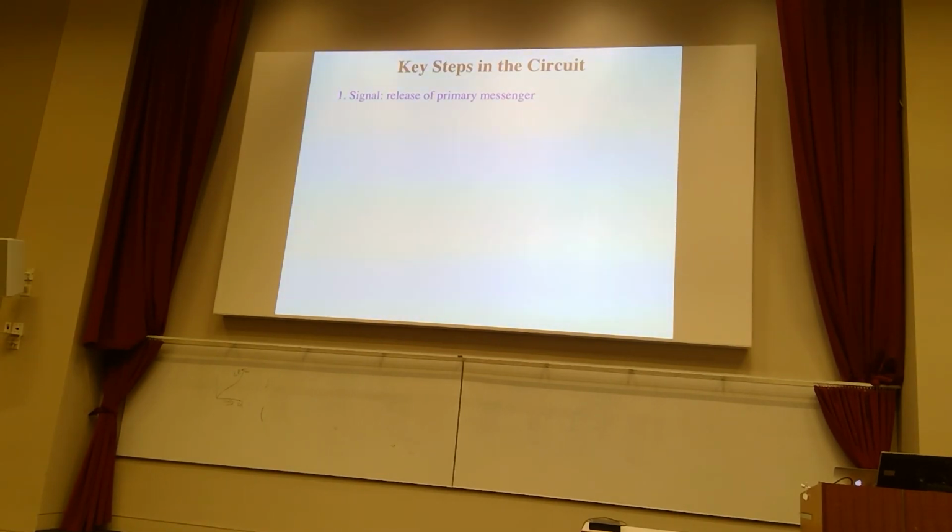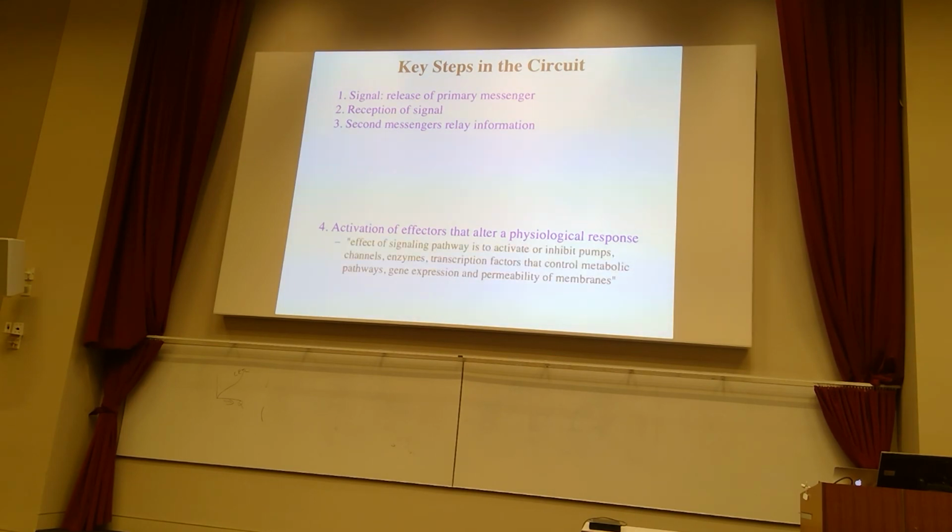So the big steps in these signaling circuits is first, a primary messenger must come along and engage a protein target. That signal must be received. The signal then induces some kind of second messenger, and we'll take a look at what those second messengers are within the cell. And then those effectors, those second messengers, must induce some kind of physiological response.